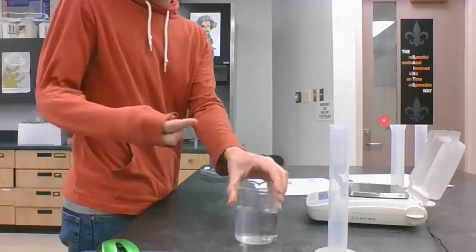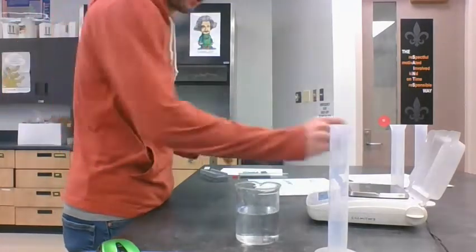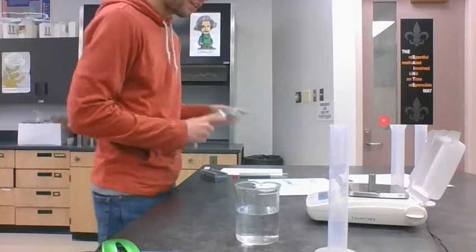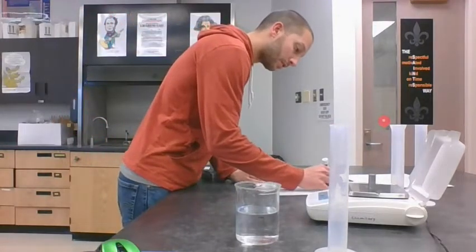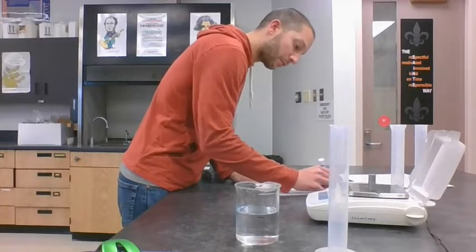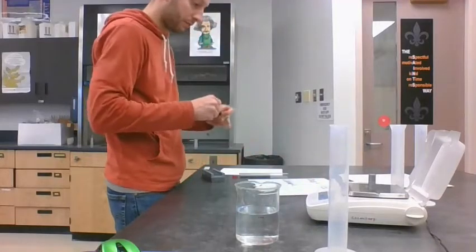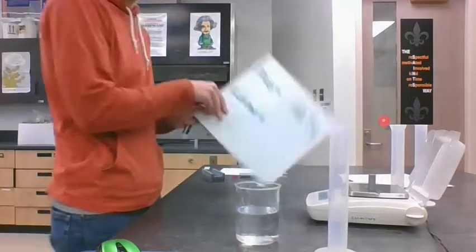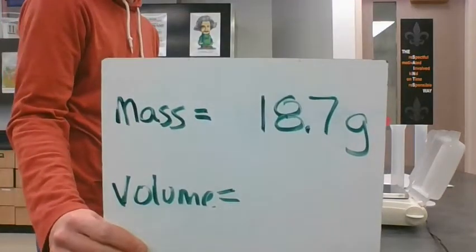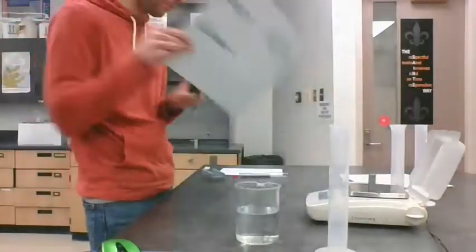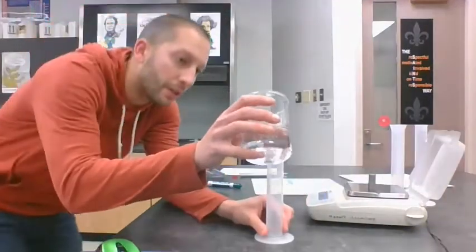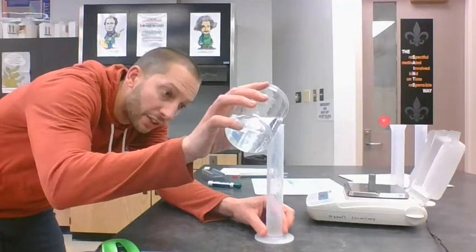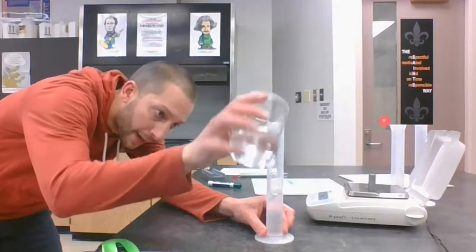Just going to dry this off a little bit, and I'm going to record the mass again. The mass of aluminum piece 2 is 18.7 grams. Again, grams is the metric unit of measurement for mass.